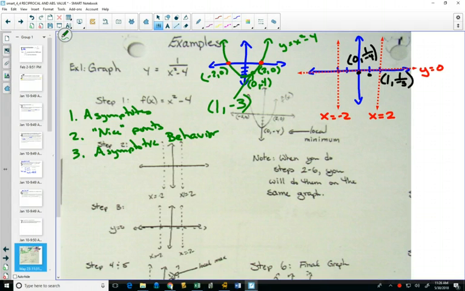What's another point? What happens when I plug in 3? Can you see that I get 3 comma 5? Where is that point going to go? Three comma 1 over 5. -1, 1 over -3.